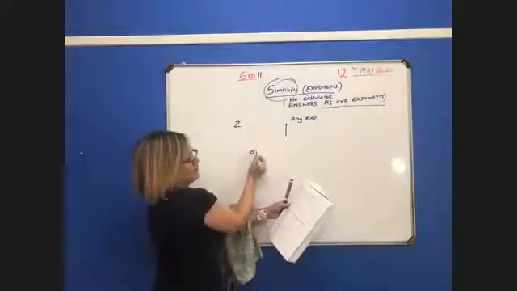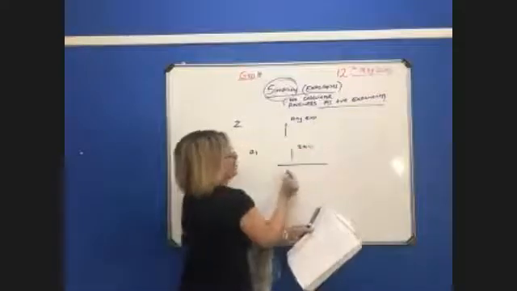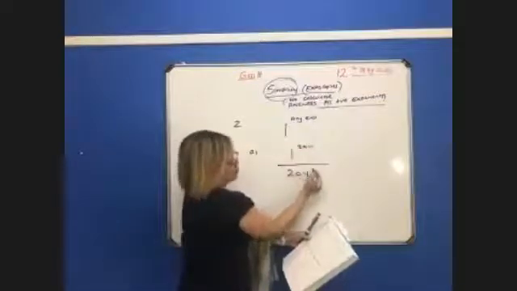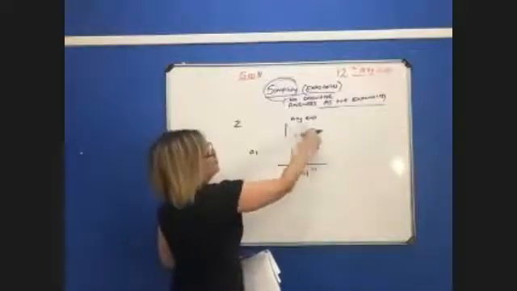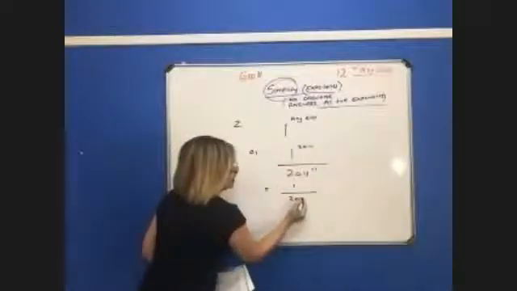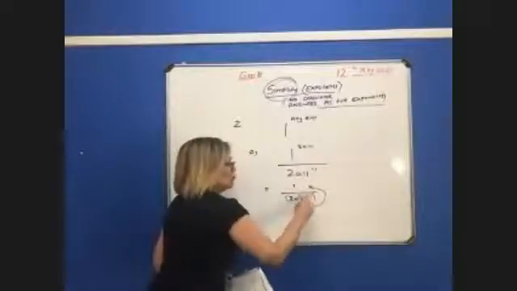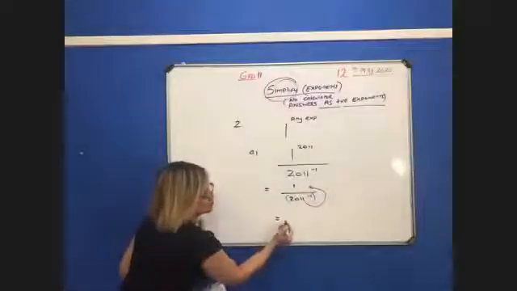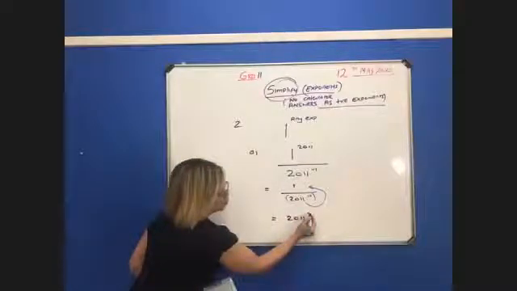So for 2a, they gave us 1 to the 2011 divided by the number 2011 to the minus 1. So they're trying to trick you. 1 to any exponent is 1. But that number is 2011 to the minus 1. So if you jump the line, you change the sign of the exponent, so that becomes positive 2011. See, to the power plus 1.